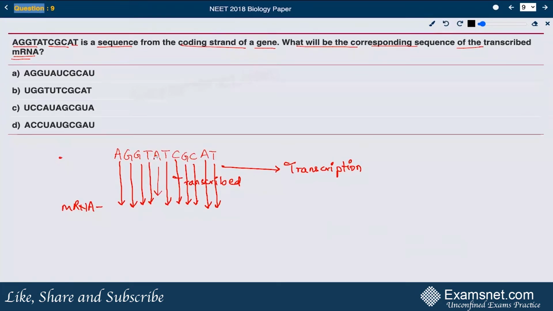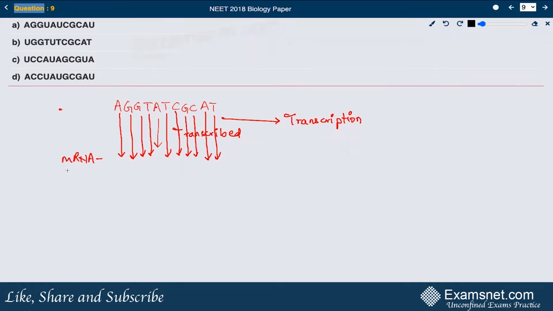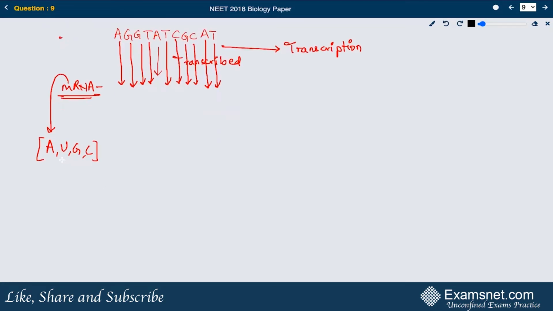Now coding strand and mRNA will have all the same nucleotide sequence, except in place of T, it will be uracil. Because in case of mRNA, the nucleotides usually have a sequence of AUGC. That means here U is uracil.